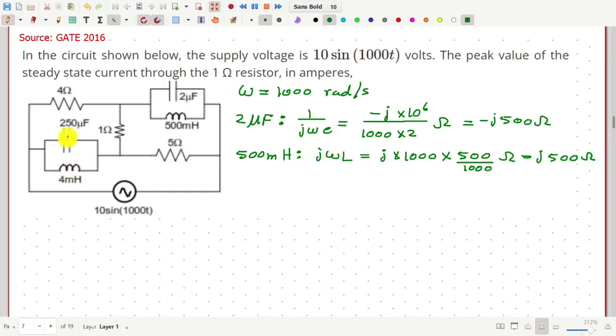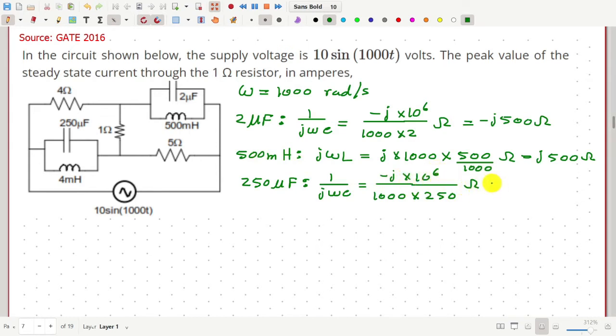Similarly, the impedance of this 250 microfarad capacitor will be 1 by j omega C, equal to minus j by 1000 times C, and C is 250 micro, so 250 into 10 to the power minus 6 here.